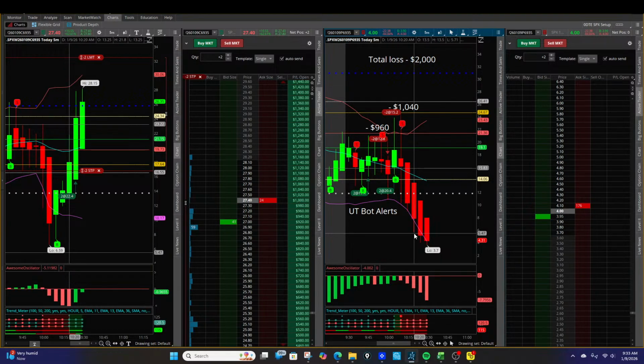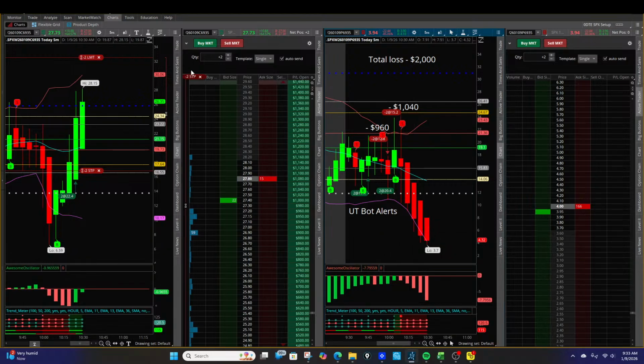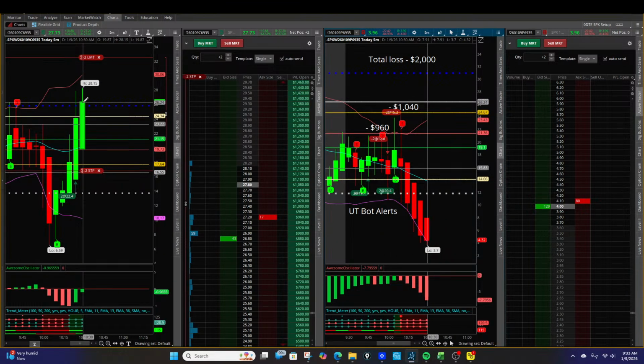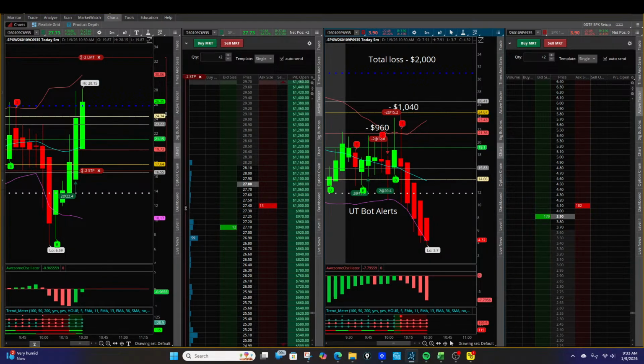So paper trading loss of 2,000. The real body, while I was talking, has snuck up above that dotted blue line, overnight high. So that's a bullish thing. So I see this one is continuing to go up.